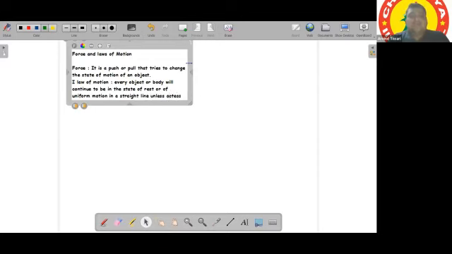So if you have an external unbalanced force, then only the state of the object will change, else it will remain the same.